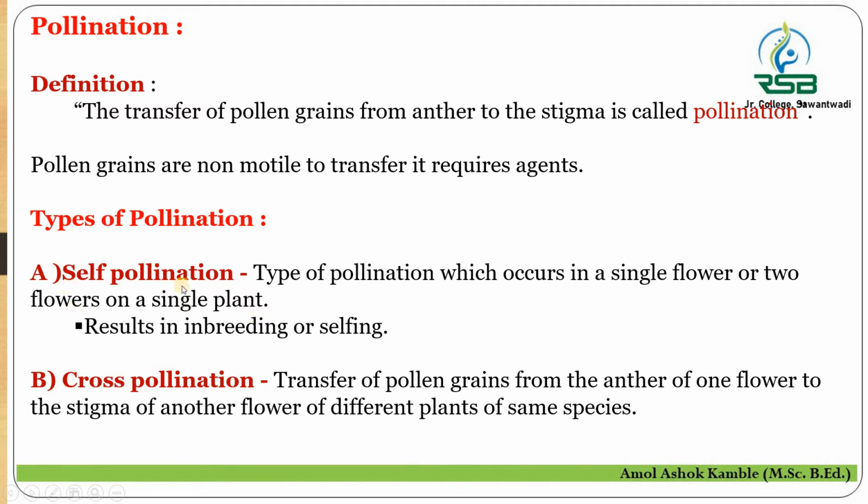Majorly, self pollination takes place where both male and female reproductive structures are present on the single plant. That means the flower is bisexual. Such pollination, the transfer of pollen grains from anther to the stigma on the same plant, leads to the inbreeding or selfing mechanism.